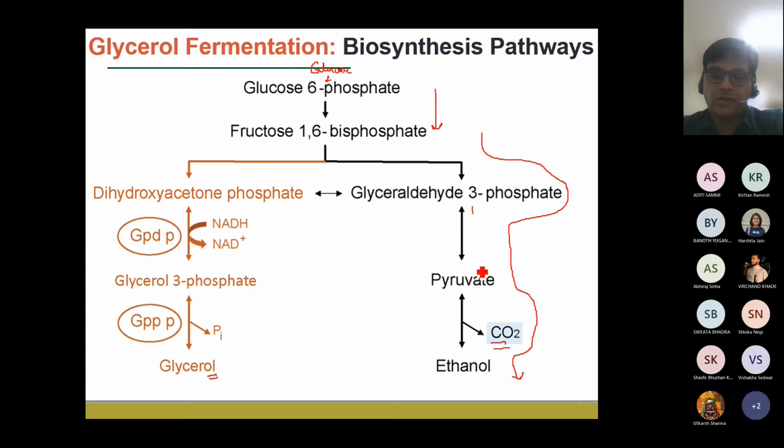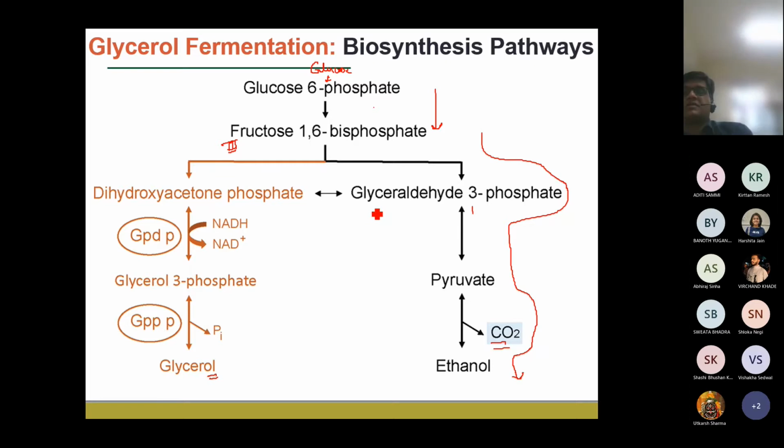Okay, but in the case of glycerol production, a different pathway has to be taken, and that happens at the third step of this glycolysis pathway. So what is happening?